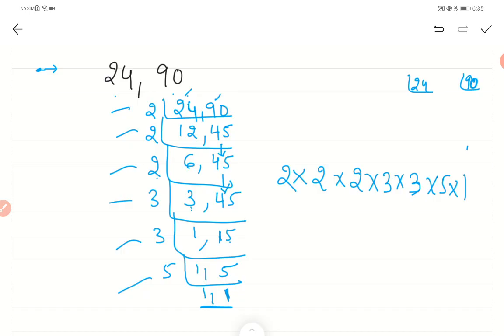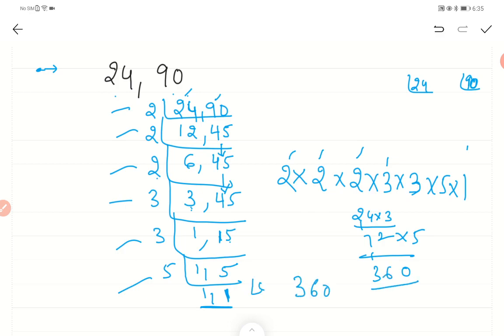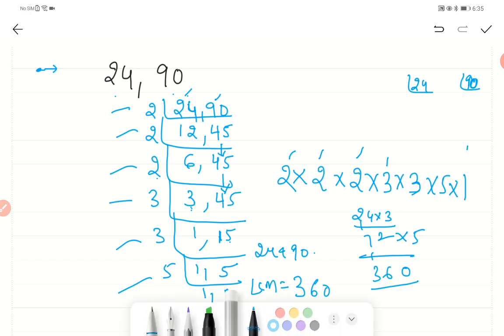Just multiply: 2 twos are 4, 4 twos are 8, 8 threes are 24, 24 into 3 is 72, 72 into 5 is 360. So you have got 360 as the least common multiple of 24 and 90. I hope you understood how to find the LCM.